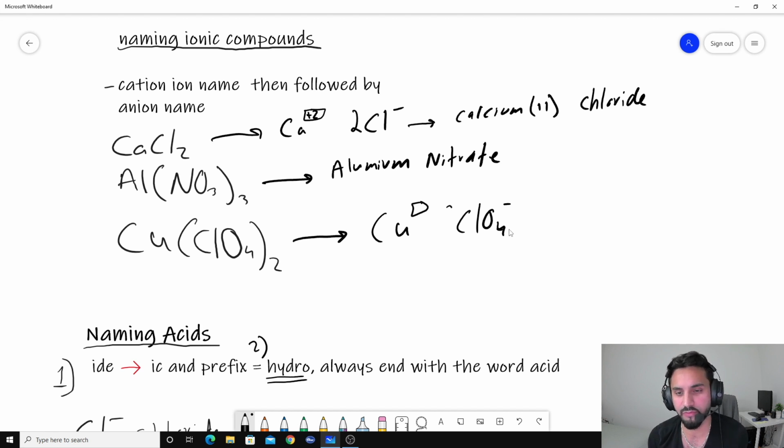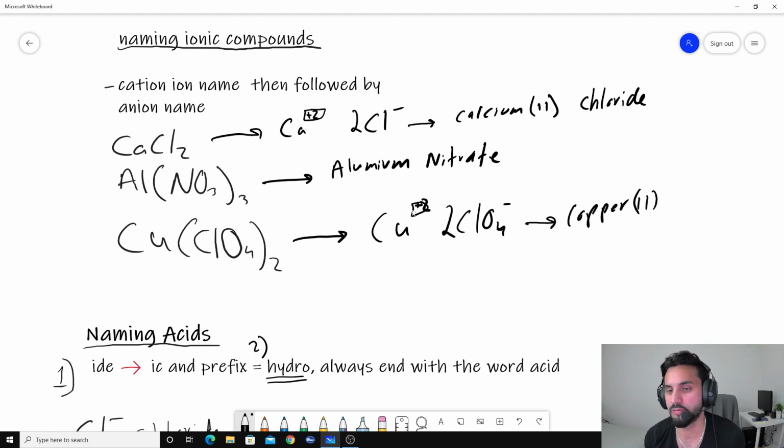So in order to neutralize this compound, we should have plus 2 charge copper. So the way we name this, we need to specify the copper charge with Roman numeral. So copper 2 perchlorate.